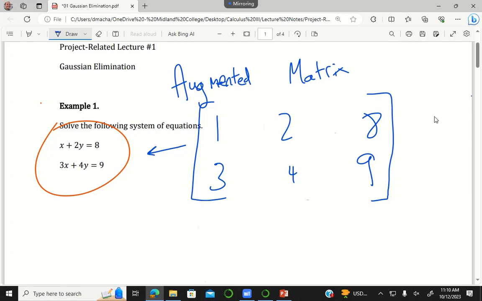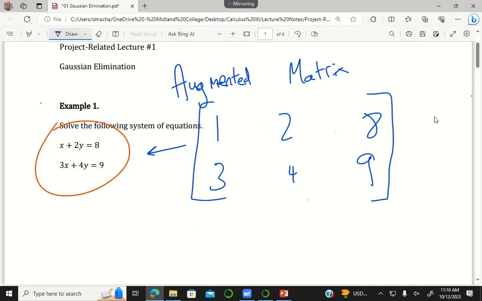So what I did is I ordered my equations so that I have my x term plus my y term equals my constants. And then you just write down what the coefficients are, like 1, 2, 8, and then 3, 4, 9. Each row represents an equation.